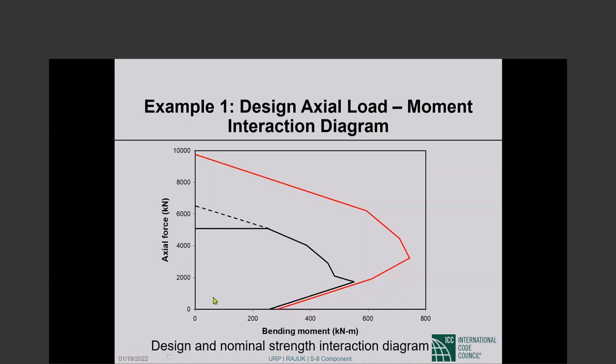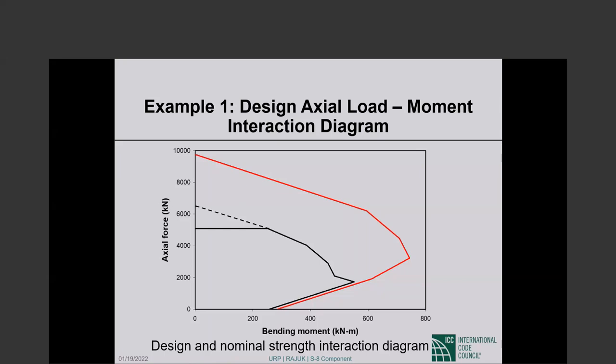Now, if all the demands of P sub u and M sub u are clustered here, and this is my design interaction diagram, that tells me that I have overdone it. So that would be a good basis for reducing the reinforcement. You will typically not touch the column section because of other considerations, but you will reduce the reinforcement. These days, you can also play with the concrete strength if you like, and see if you can make the design less conservative. Anyway, so that is column design.